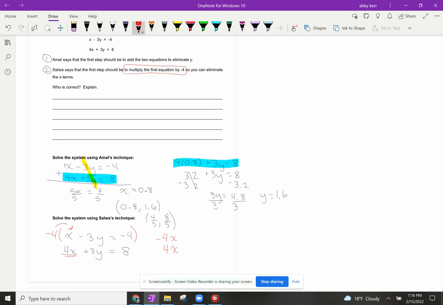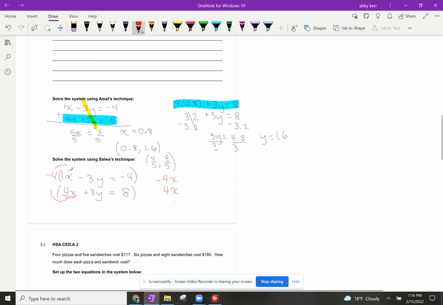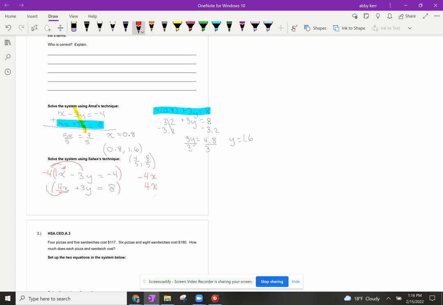If you do it the way that I taught you, you would multiply by 1, and that doesn't change anything anyways. 1 times 4x gets you the 4x. If you want to do that extra step, please do so. Then this gets me positive 12y equals positive 16 plus 3y equals 8.